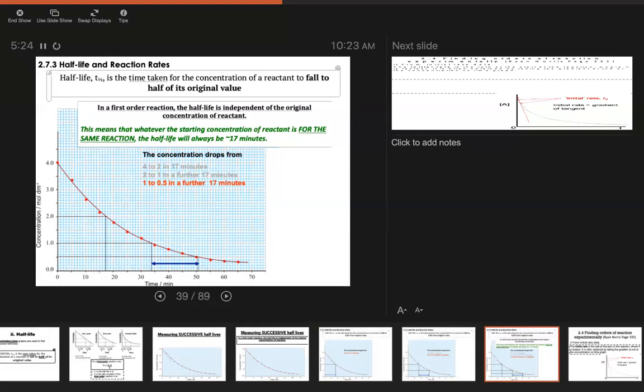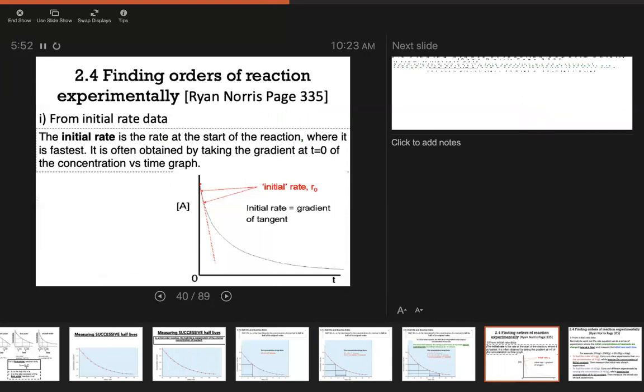Okay, from 4 to 2, that's your first, 2 to 1, that's your second, 1 to 0.5, that's your third. So that's what we meant by successive. And you found that it was approximately 17 minutes, 17.5, and it's again approximately constant. Okay, when you look at this graph, you should automatically reject that it's a 0 order because 0 order would have been a straight line.